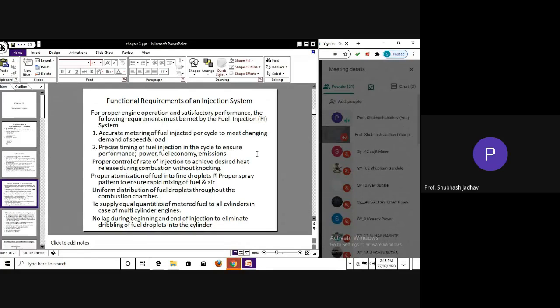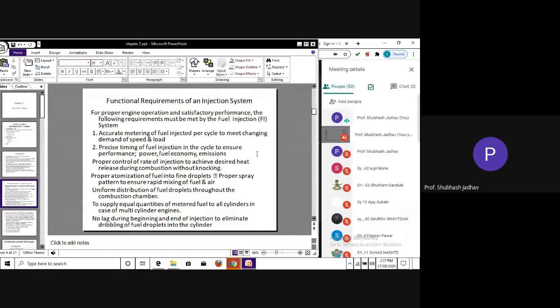In the previous cases we have learned that as per the requirement of performance, we have what we call the economy system in an SI engine. Similarly, here also that has to be taken care of. So the performance has to be taken care of, power has to be taken care of, fuel economy has to be taken care of, and emissions have to be taken care of.